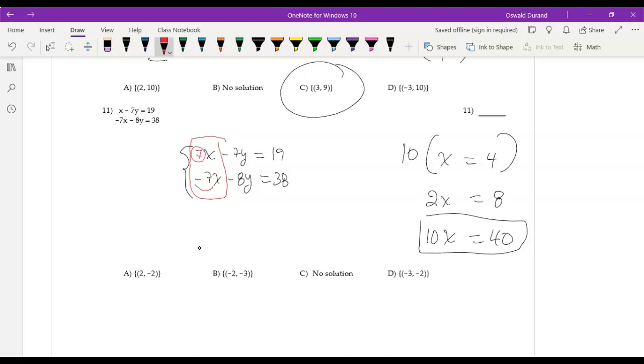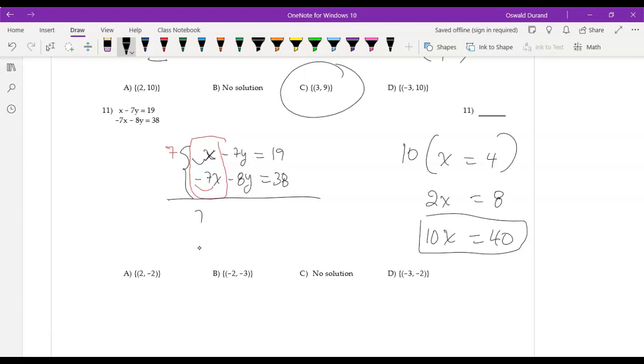So that's the idea. You choose the variable that you want to cancel out. Here it was easy because you had x by itself, and all you have to do is find the value that is opposite to this, right? So in this case, we want 7 to be multiplied by this whole equation and find that equivalent equation.